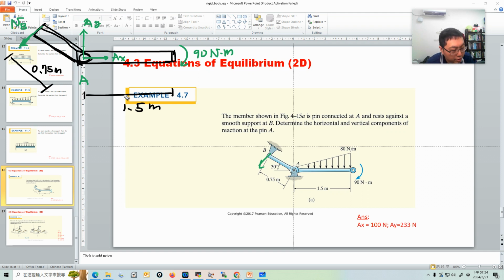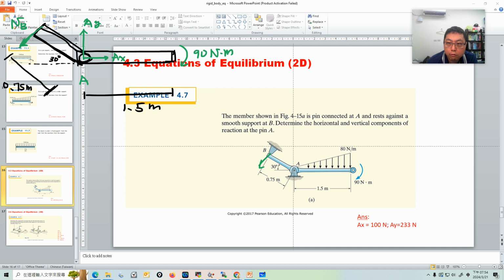There is also an angle here, 30 degrees. I think that's all the information we have.